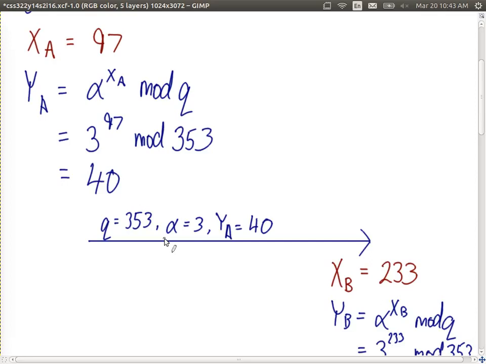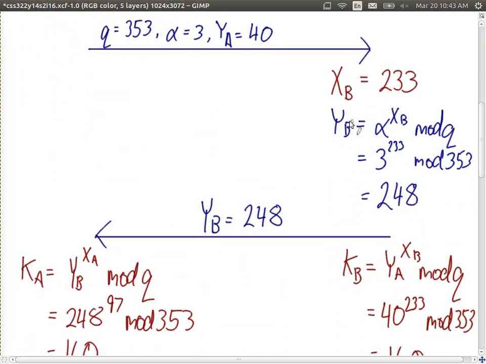Anyone can intercept this message and learn those three values. User B selects its own private value, 233, and calculates its public value Y. Again, the same alpha to the power of its XB mod Q, and they got 248, and tells user A its public Y value.